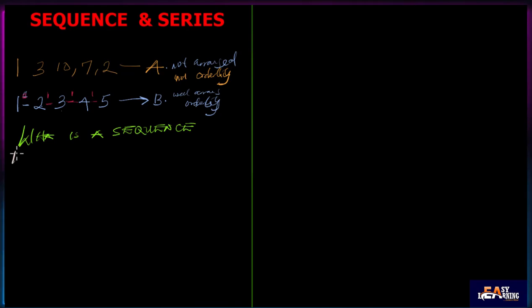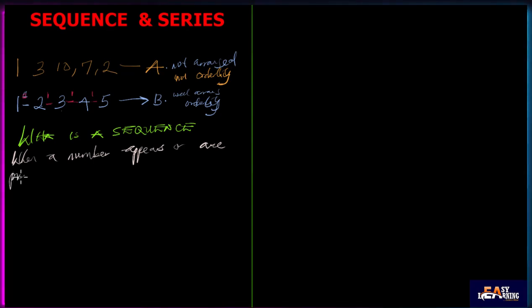We will answer this question by just writing it down: when numbers appear or are presented one after the other in an orderly manner, we then refer to the set of numbers as a sequence. If you have your book, you need to be writing it down as well.